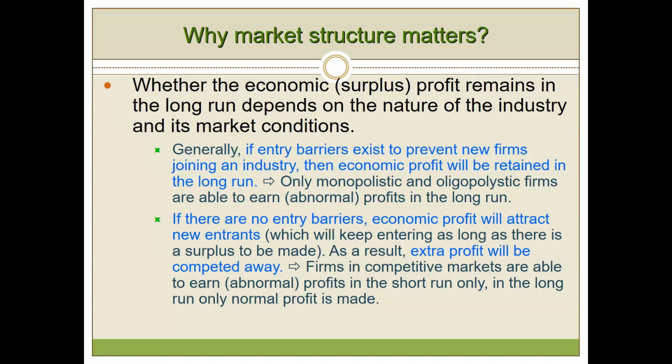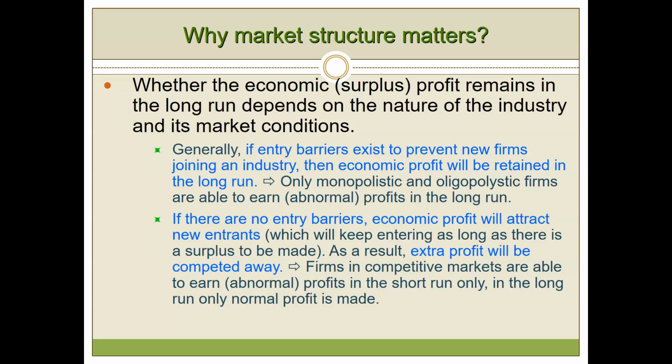Even if a company manages to generate supernormal profit in the short run, because there are no entry barriers, this extra profit will attract new entrants. If the market is profitable, other businesses will switch their resources. They will try to set up their own businesses in this particular market.